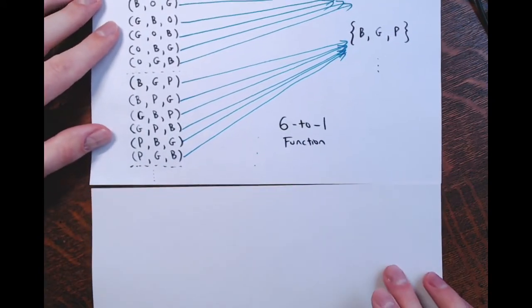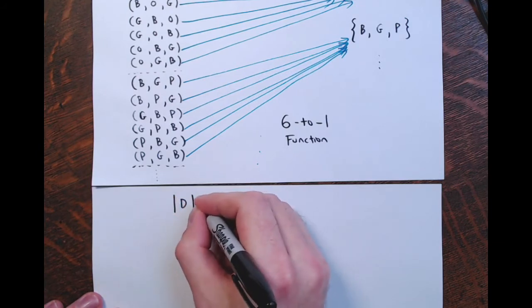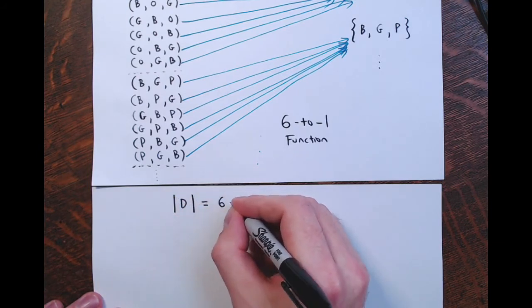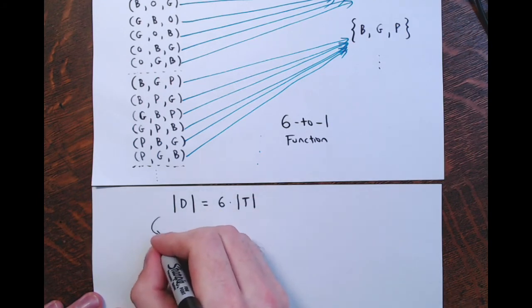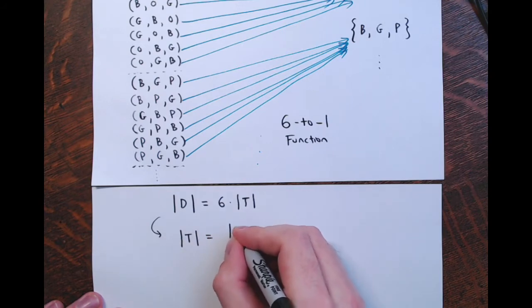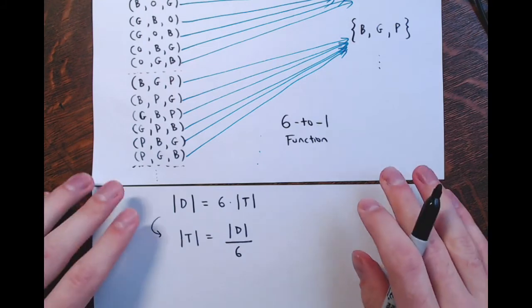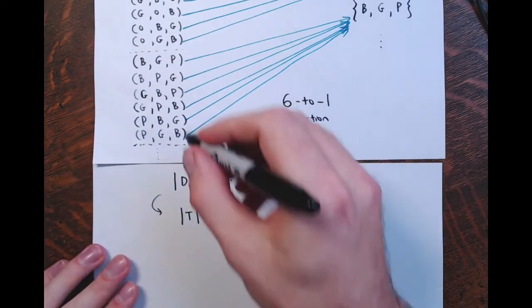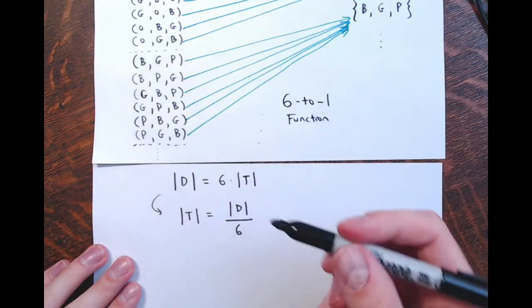And if it's a 6-to-1 function, that means that the size of the domain is 6 times the size of the target. Or, if you just divide by 6, the size of the target is the size of the domain divided by 6. And 6 is 3 factorial, the number of different ways to rearrange these sequences of 3 objects.